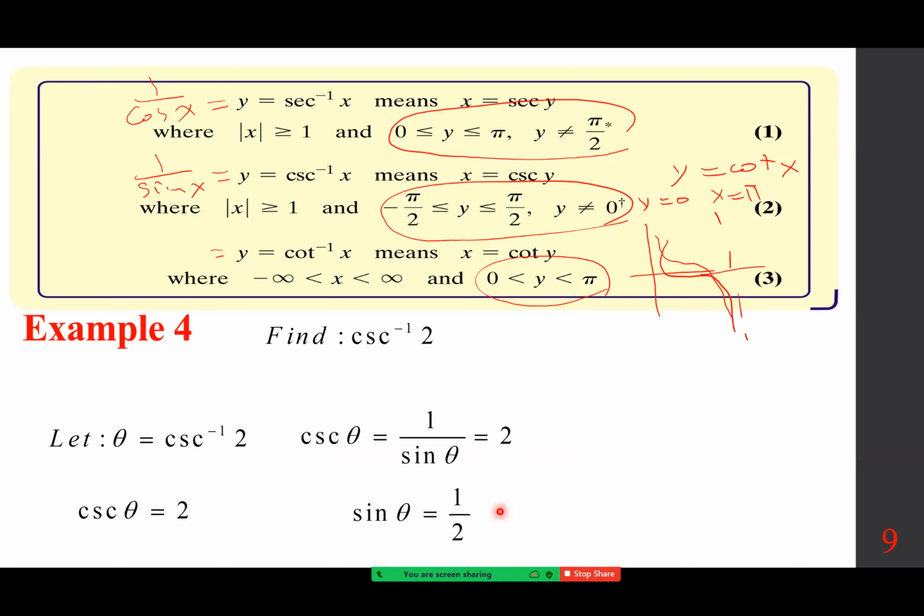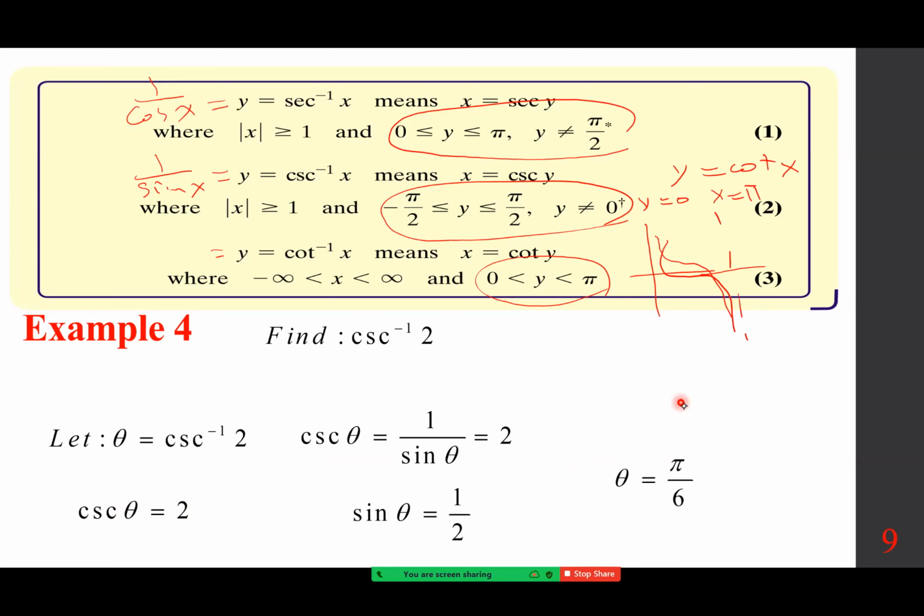And this is a common arc. You know theta equals pi over 6 or 30 degrees. And that's the answer for cosecant as well. Because it was a common arc, we don't have to use a calculator.